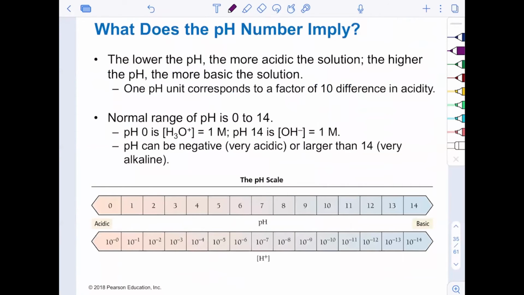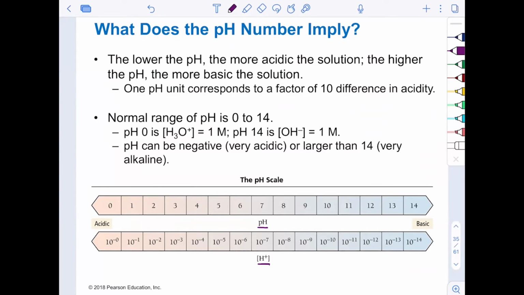All right. The pH number, again, the normal range of pH is between 0 and 14. That doesn't mean that we can't get lower or higher than this range, but this is typical. The lower the pH, the more acidic. The higher the pH, the more basic. 1 pH unit corresponds to a factor of 10 difference. So that's where we get to see the pH scale here versus the H plus concentration.